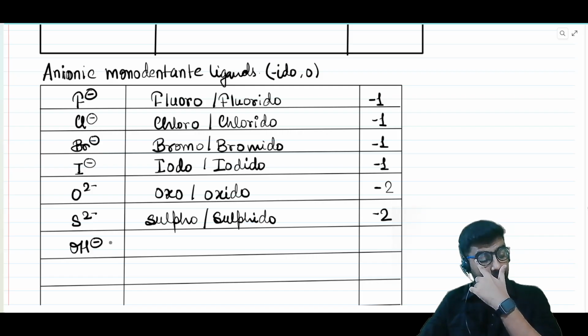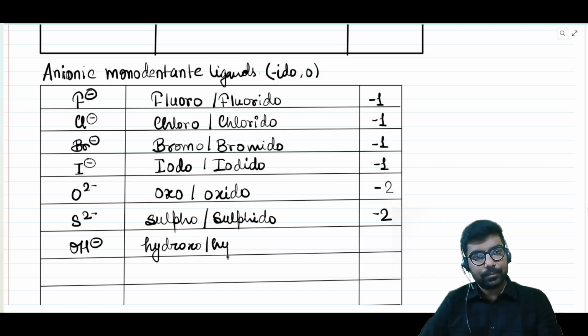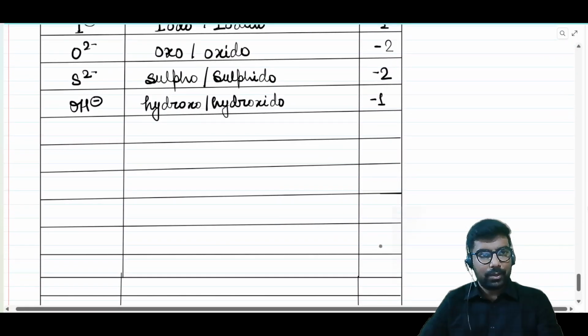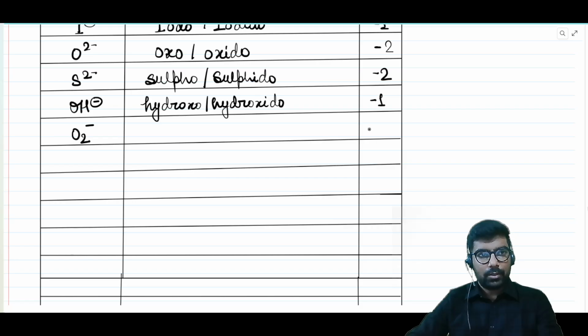Normally we call it hydroxide, so similarly over here we call it hydroxo or hydroxido. Charge will be -1. Then we have something like O2 minus, with a charge of -1. So we call it superoxido or superoxo.